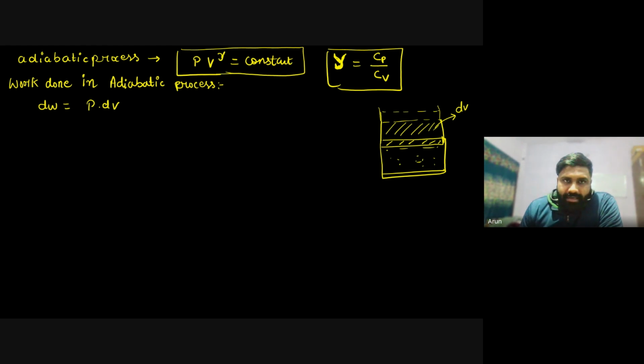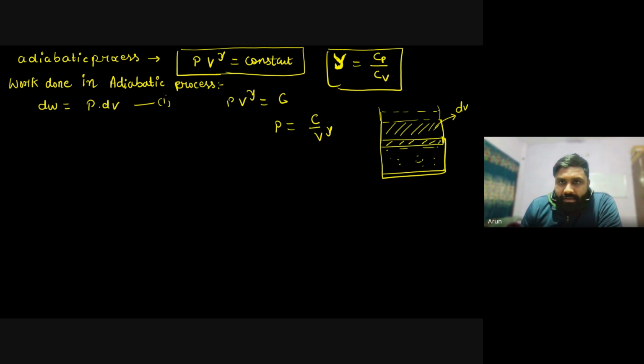Now, again, what we will do? We will put the value of pressure in terms of volume, which is PV raised to the power gamma. So you can write here, this is equation number 1. So PV raised to the power gamma is equal to some constant, let's say C. So from here you can put P is equal to C upon V raised to the power gamma.